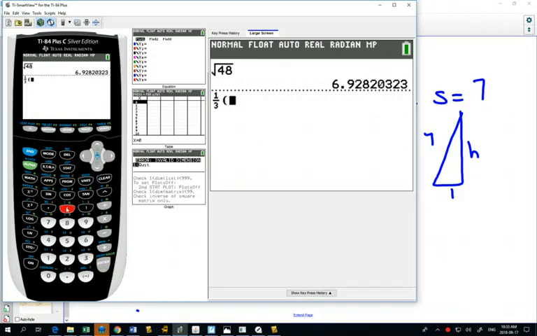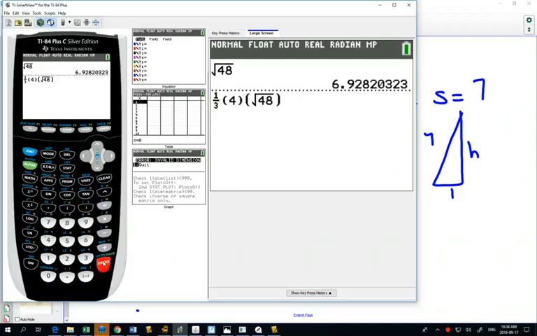Times 2 times 2. Oh, I'm going to impress myself and do a little bit of mental math. Multiplied by the square root of 48. You have to use these arrow keys sometimes to get outside of a function. Instead of writing the 6.93, which is already rounded, by writing the square root of 48, I keep things exact all the way through.